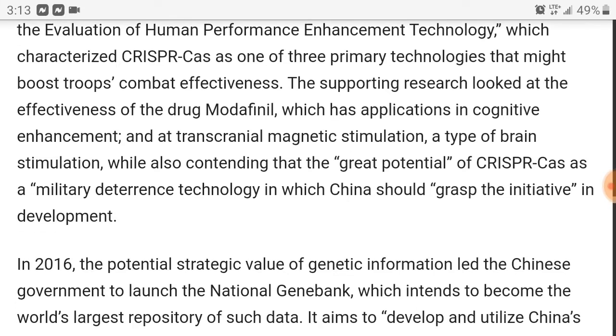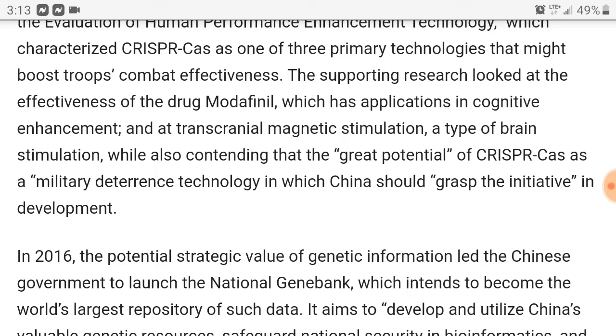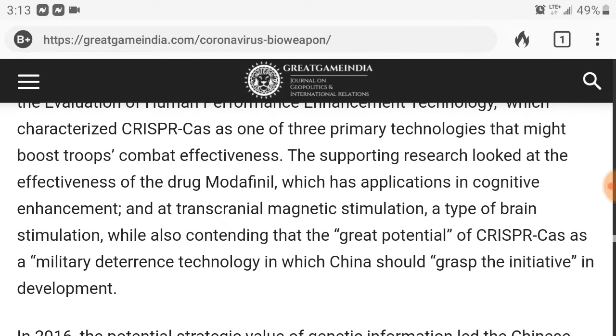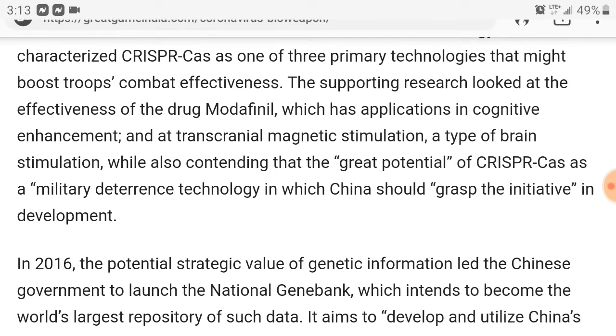It characterizes CRISPR-Cas as one of three primary technologies that might boost troops' combat effectiveness. So they are telling you here that they are working on this human enhancement technology for the military. They're doing it for soldiers, and they want it to boost the troops' combat effectiveness. The supporting research looked at the effectiveness of the drug modafinil.